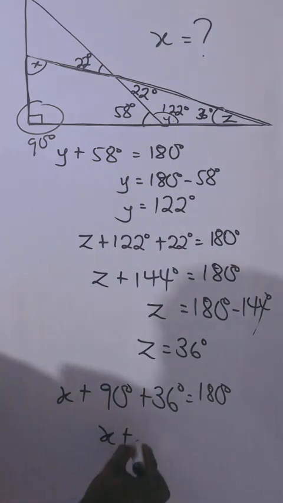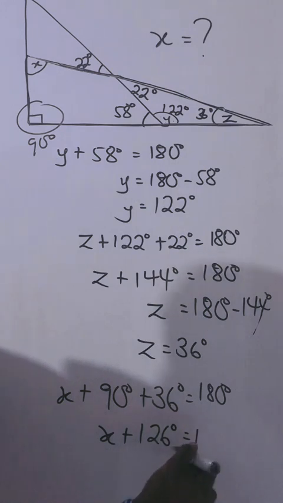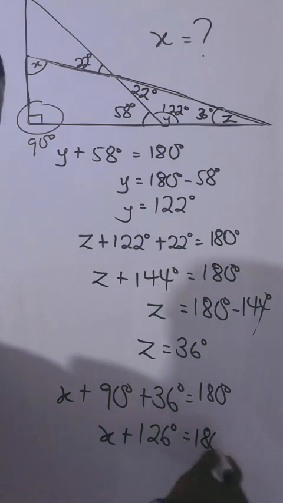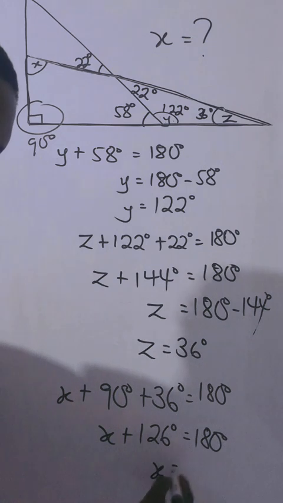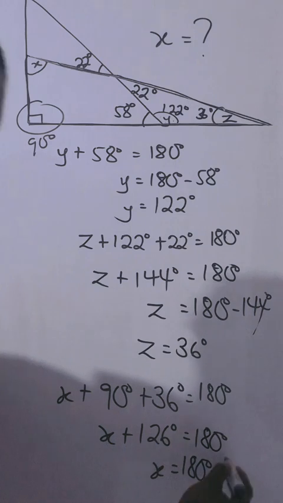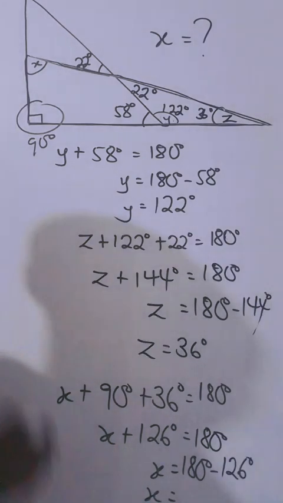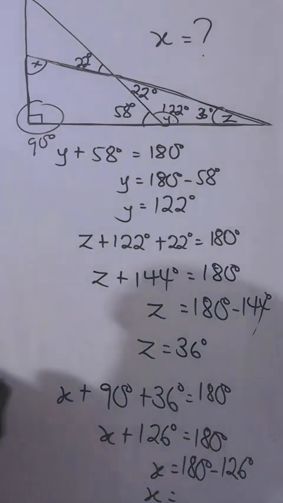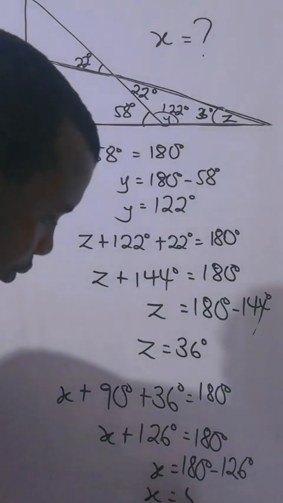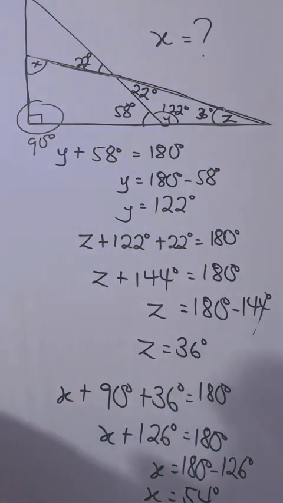So x plus 126 degrees equals 180 degrees. So x will be equal to 180 minus 126 degrees, which means that your x will be 54 degrees. The x is 54.